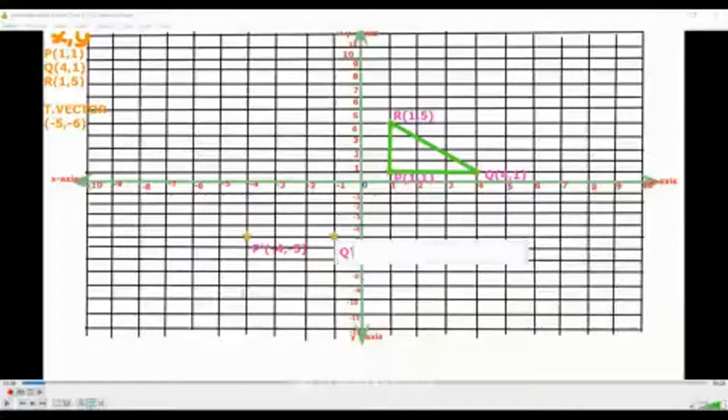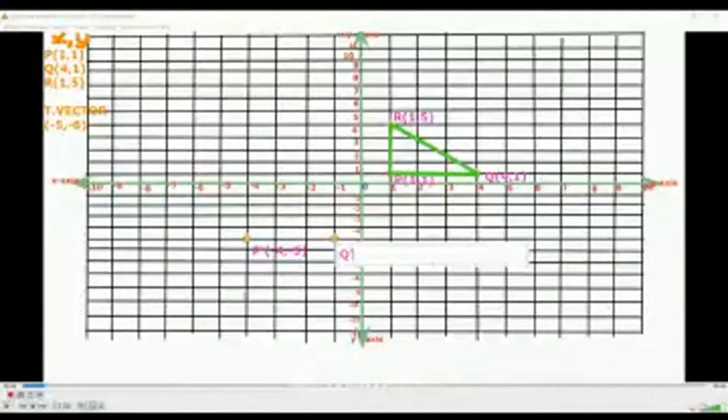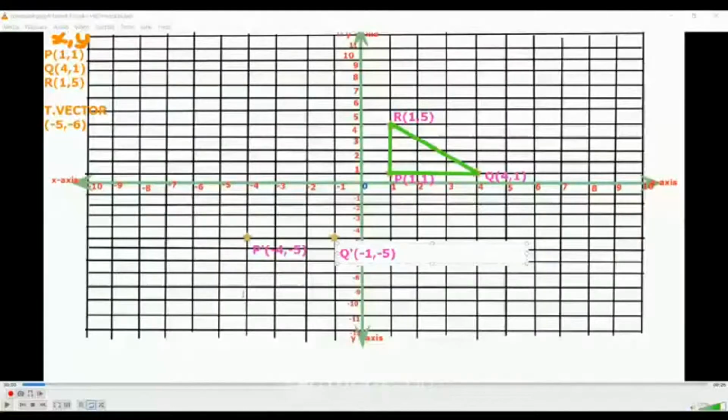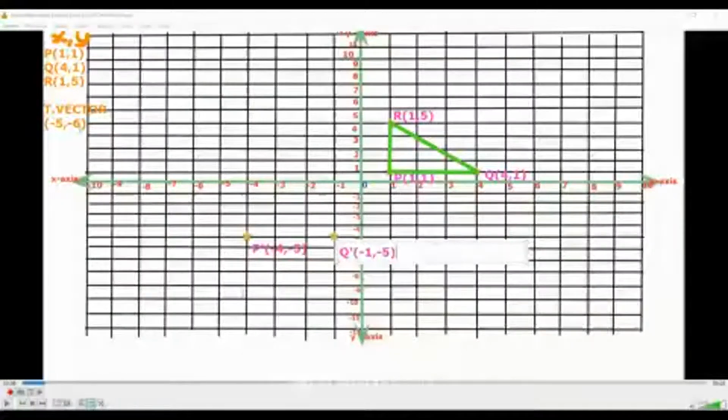Okay, so the image of Q is formed by -1 and then -5. When you add the translation vector to Q, you get a result of -1 and -5.